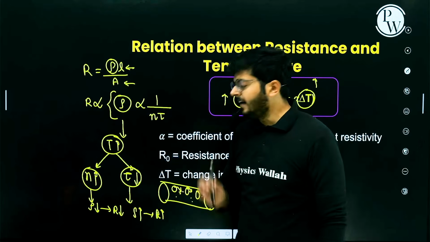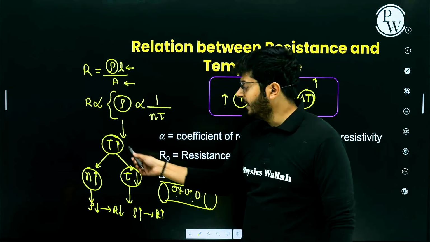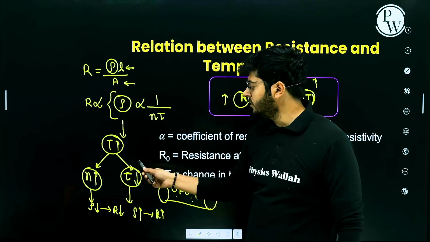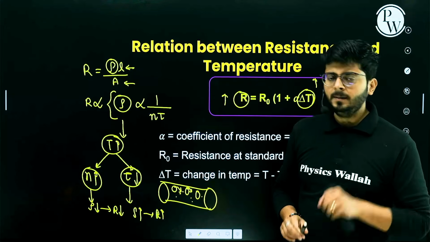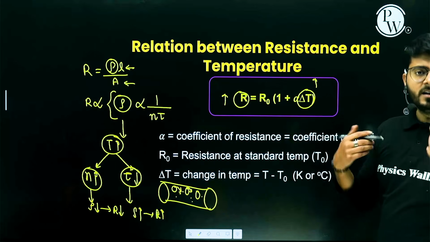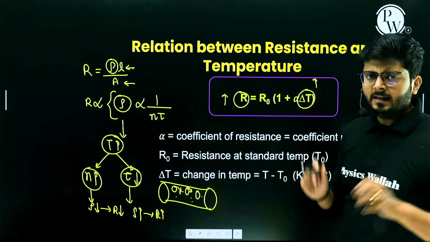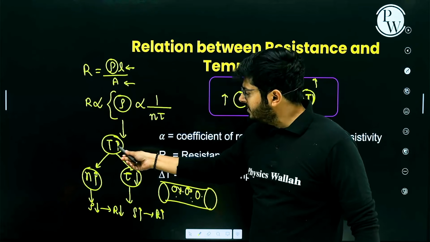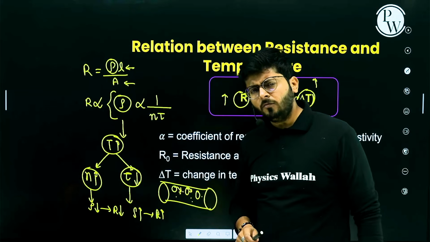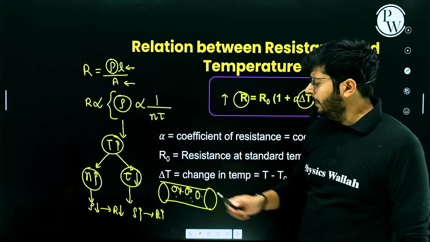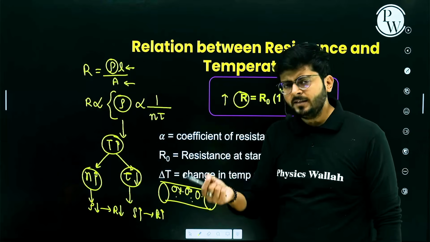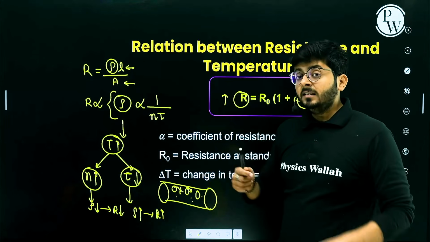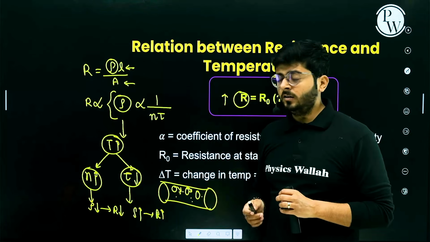If the second factor is dominating in a given material, then increasing the temperature will reduce the relaxation time and increase the resistance. For example, in the case of conductors, there are already a lot of free electrons. So increasing the temperature will increase the number of free electrons in the conductor, but that will not bring a significant drop in resistance.